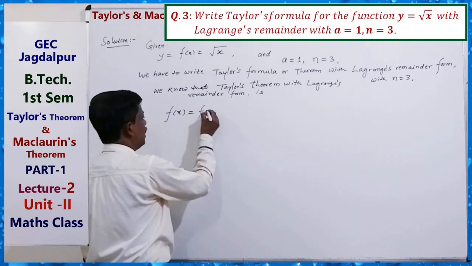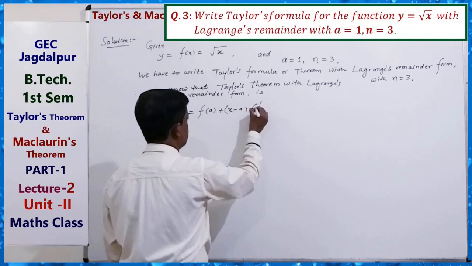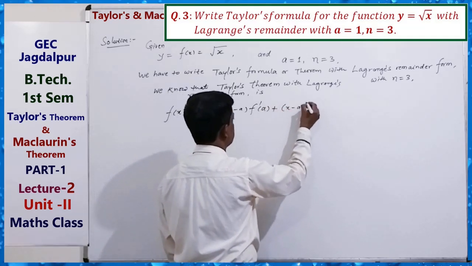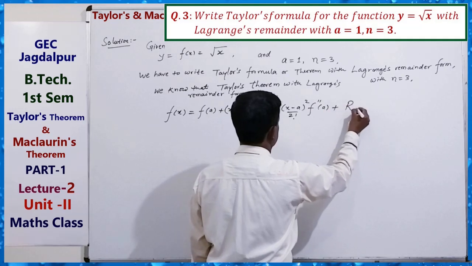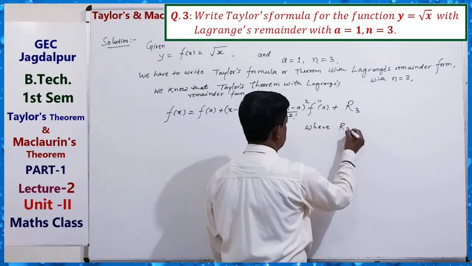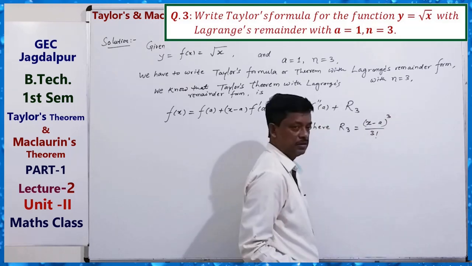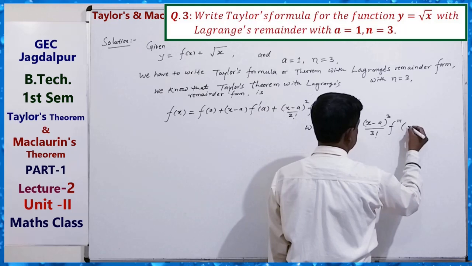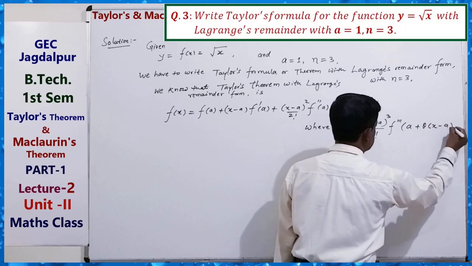So we can write f(a) plus (x minus a) f dash a plus (x minus a) square by 2 factorial f double dash a plus r3, where r3 equals (x minus a) cube upon 3 factorial, f triple dash of a plus theta (x minus a).